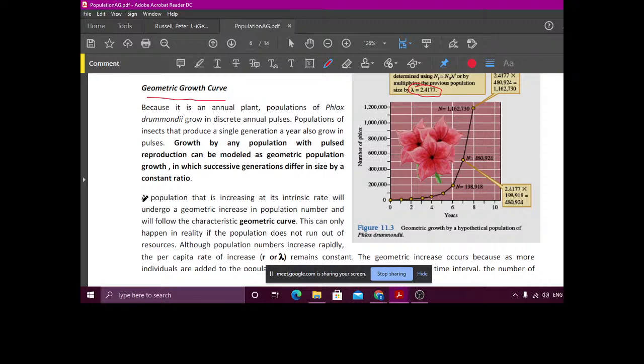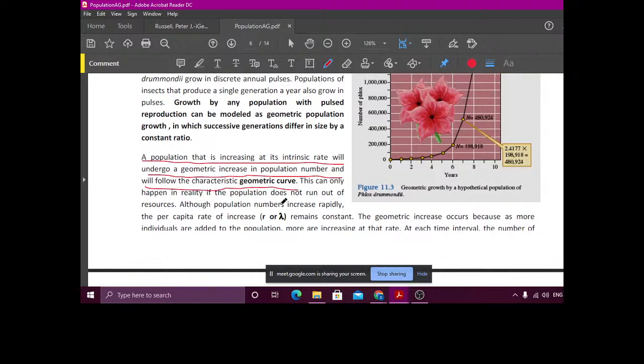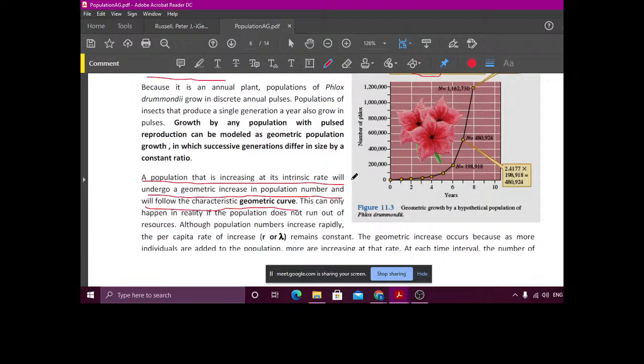So a population that is increasing at its intrinsic rate will undergo a geometric increase in population number and will follow the characteristic geometric curve. This is a geometric curve if the population does not run out of resources, that is food and space and all.